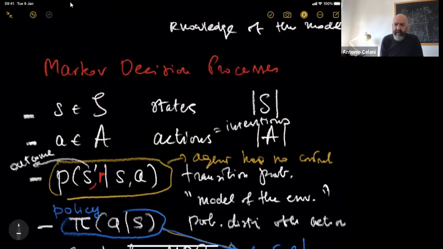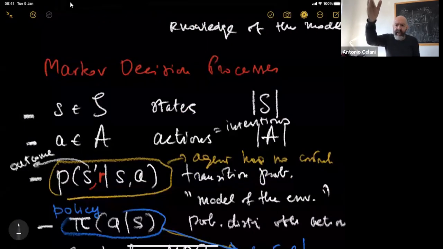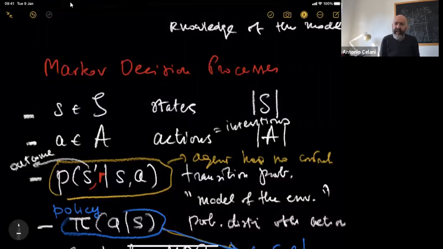Okay, so the agent is in a given state, has the intention of moving to another state, for instance, which may or may not result in doing that. This is the distinction between the intention and the outcome. Okay. Apart from all this lexicon, which is at the same time useful and sometimes confusing, the mathematical definitions are crystal clear.